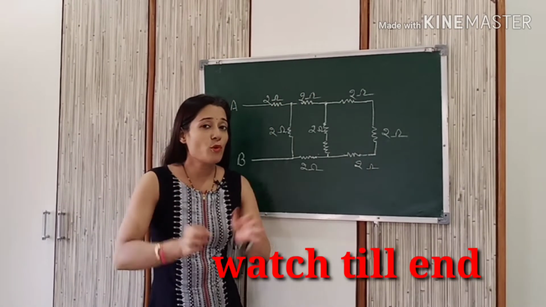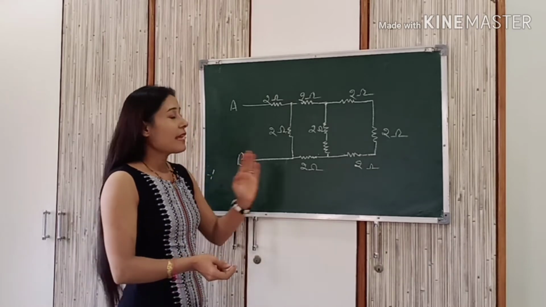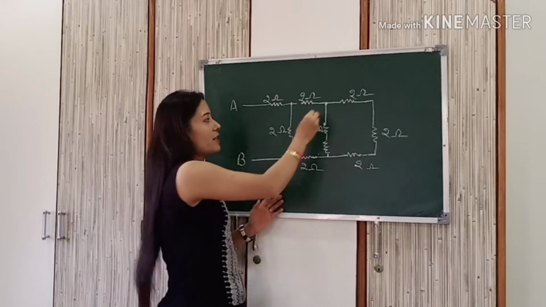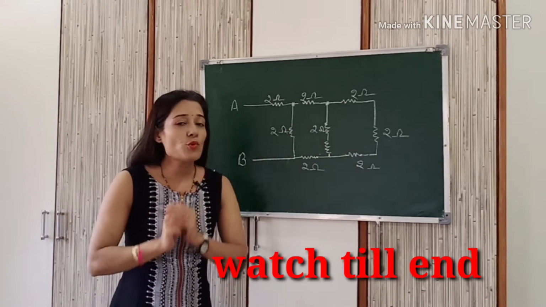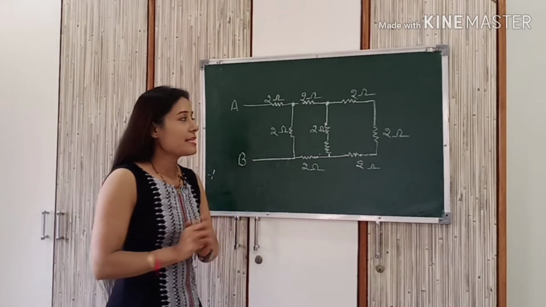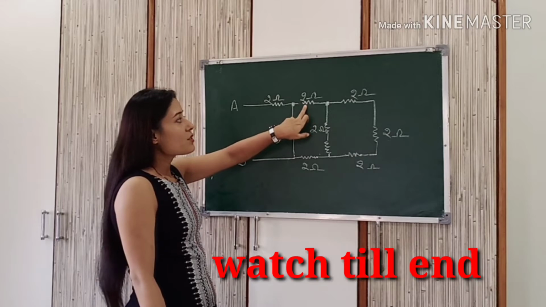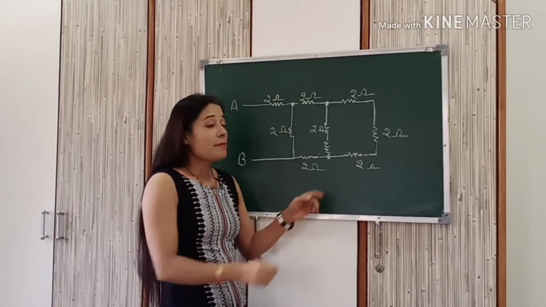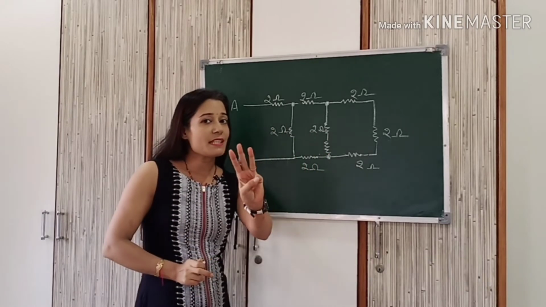Okay, but before doing that, let me tell you one more very important thing, that is the connection point or junction. What is this junction? Junction is a point where more than two resistances are connected. Here this point is a junction point where this resistance and this resistance are connected. Similarly, at this point 2 ohm, 2 ohm and 2 ohm, three resistances are connected.